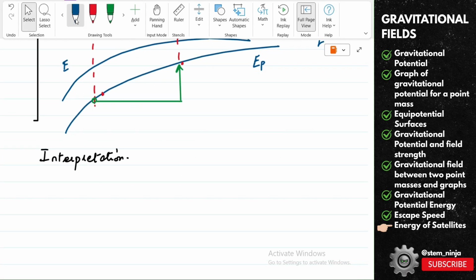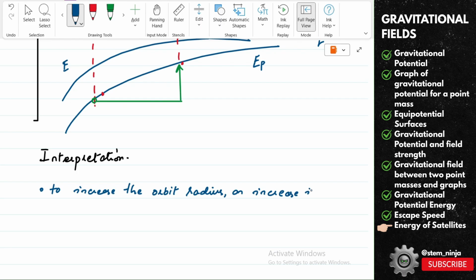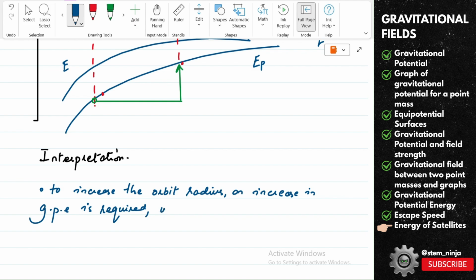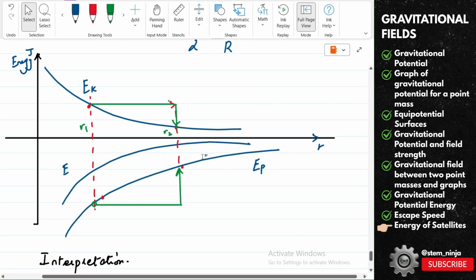So to increase the orbit radius, an increase in gravitational potential energy is required, which results in a decrease in kinetic energy. As we go further away, the orbiting body will have lesser and lesser kinetic energy, and lesser and lesser speed.